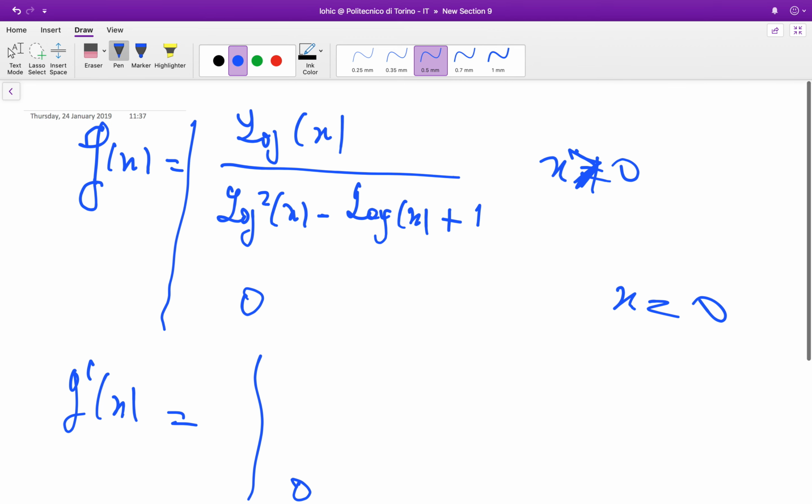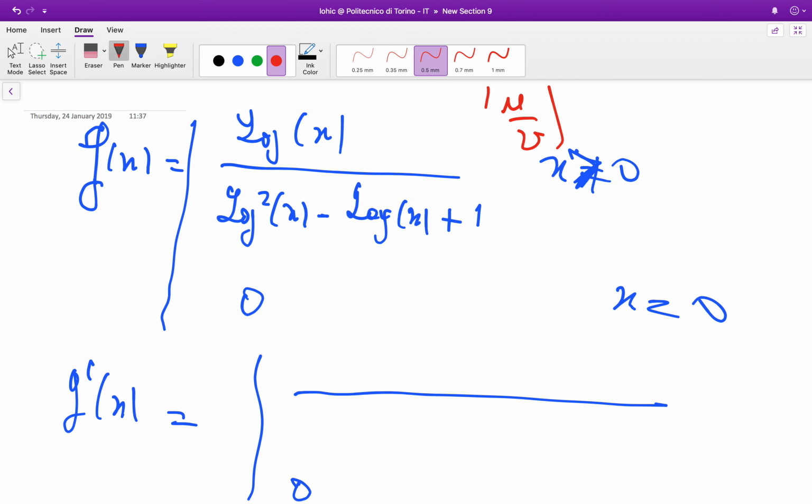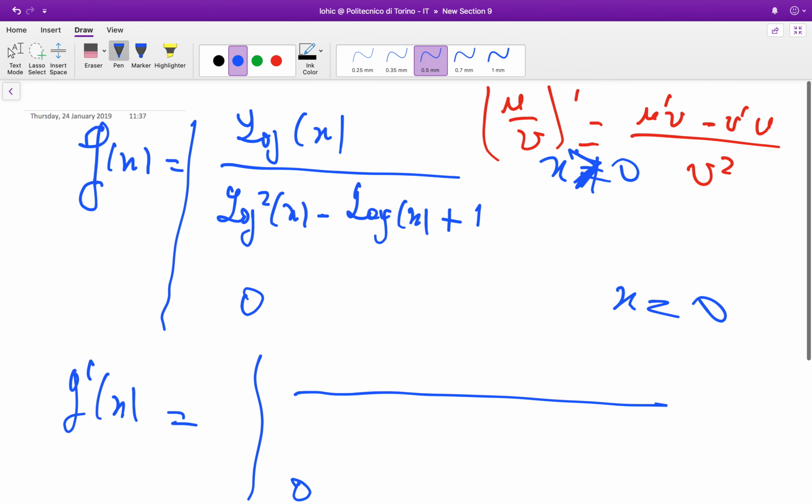G prime of x is only the derivative of this part, because the derivative of 0 is 0, so we don't care. The derivative of log of x divided by this stuff, we will use the quotient rule. Let's say if you have u divided by v, the derivative of this is u prime v minus v prime u divided by v square, right? So going back, u is log of x, v is all this stuff at the denominator.